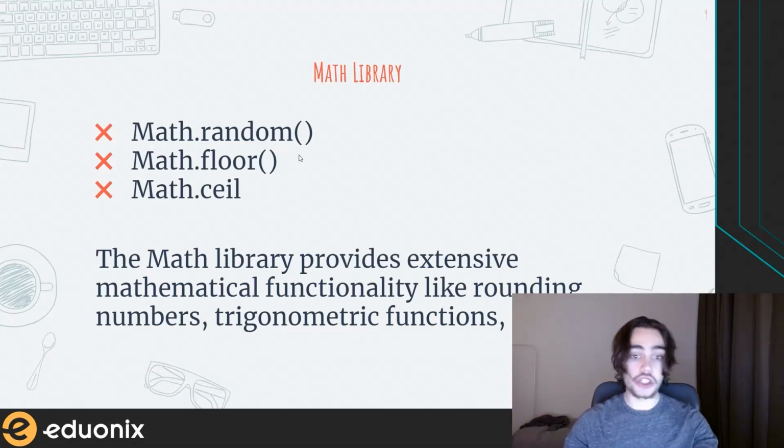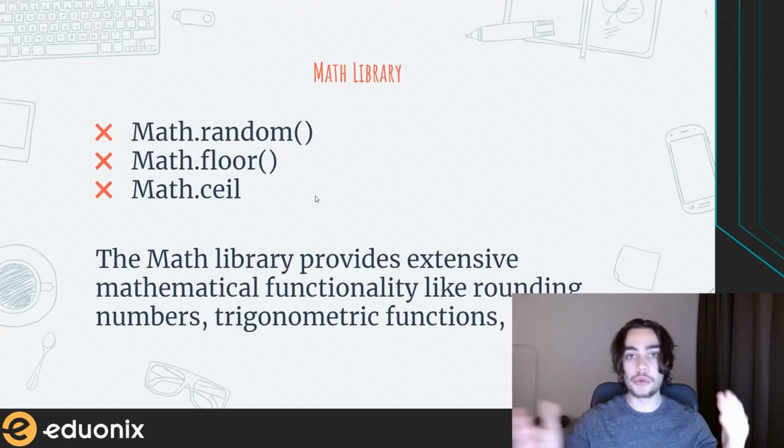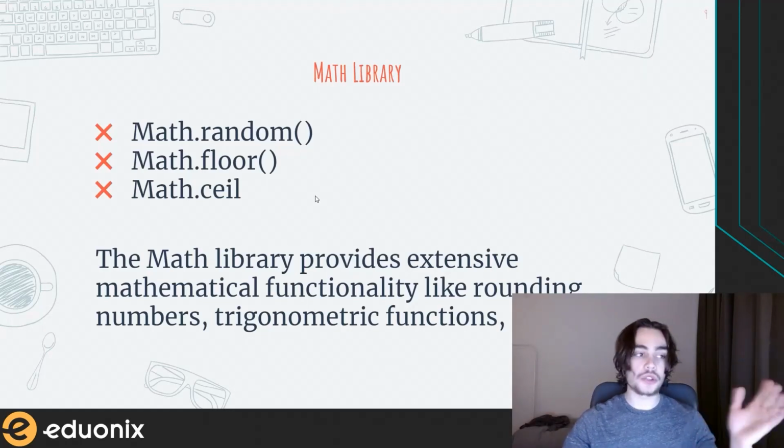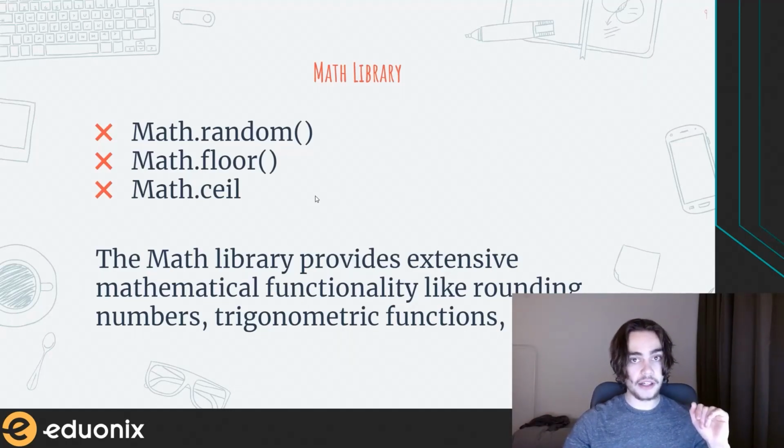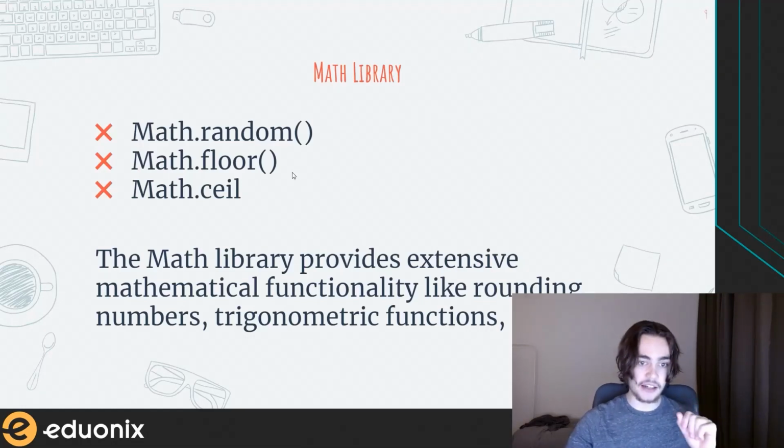And it also allows us to generate random numbers, and we can round numbers by doing Math.floor or Math.ceil, which is short for ceiling, obviously. Floor will obviously round down, ceiling will round up. And yeah, so you can actually look more into the math library online. There's a whole bunch of powerful functionality packed into there, and you're going to really need to be familiar with these when you're working with JavaScript.